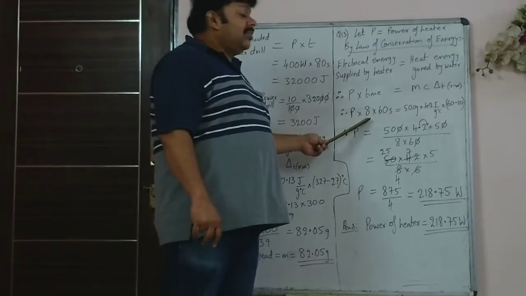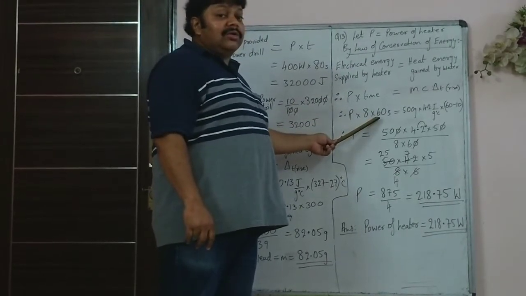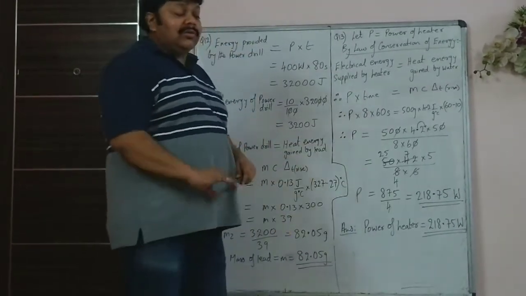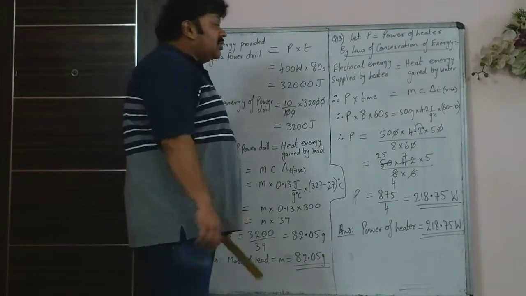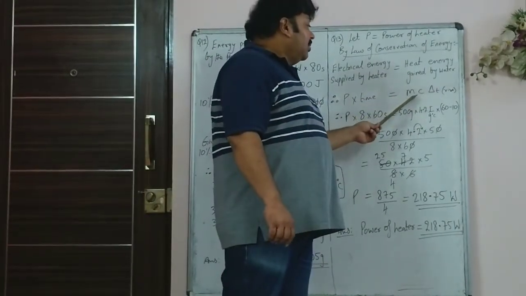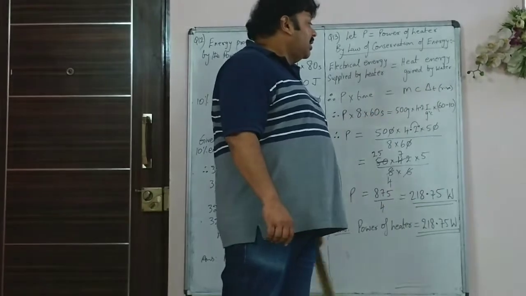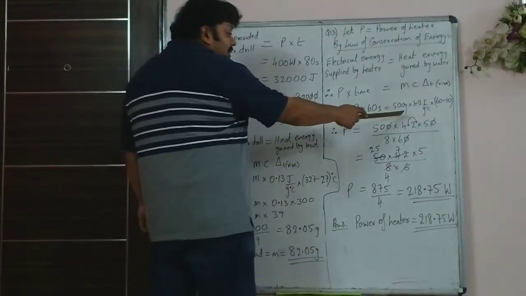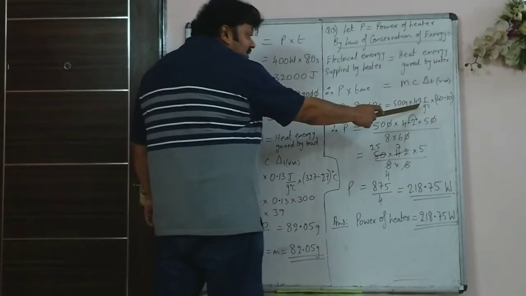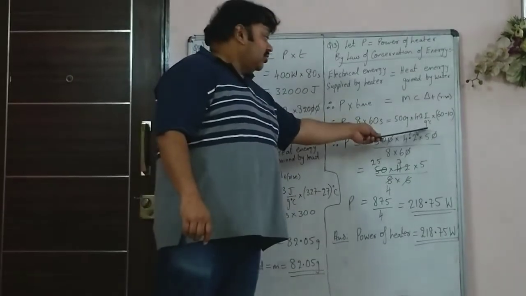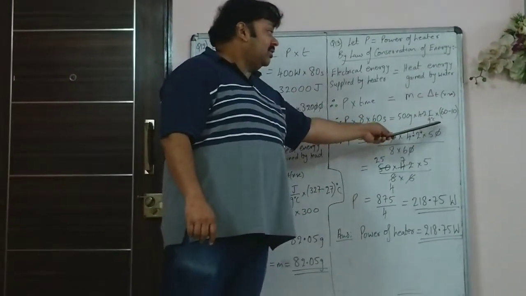Now time cannot be in minutes, it has to be converted to seconds. So 8 into 60, because 8 minutes is given. Now heat energy gained by water will be mc delta theta rise. So mass of water is 500 gram. You will take specific heat capacity of water 4.2, because that should be in joule per gram degree Celsius.